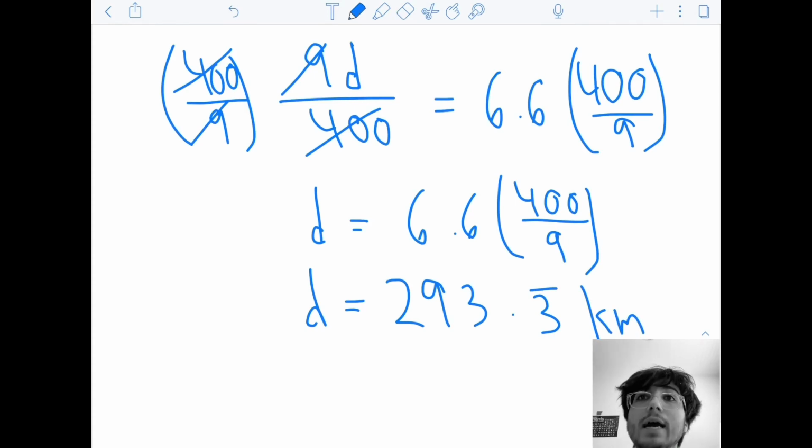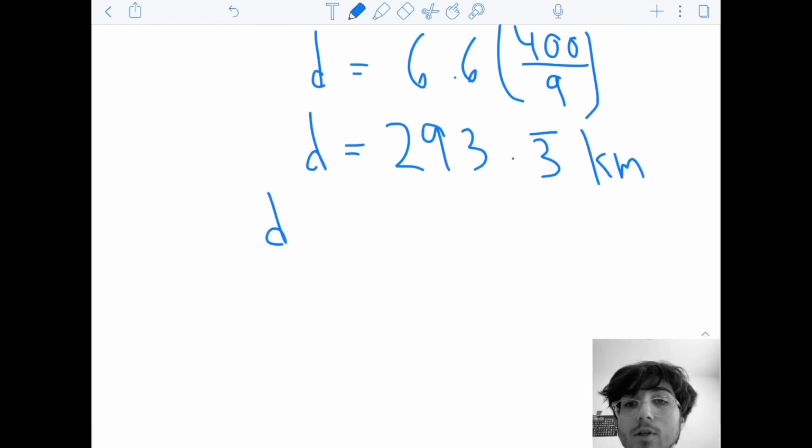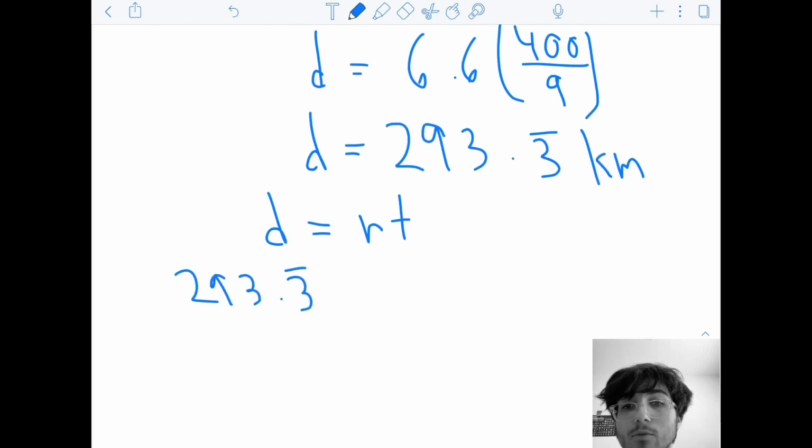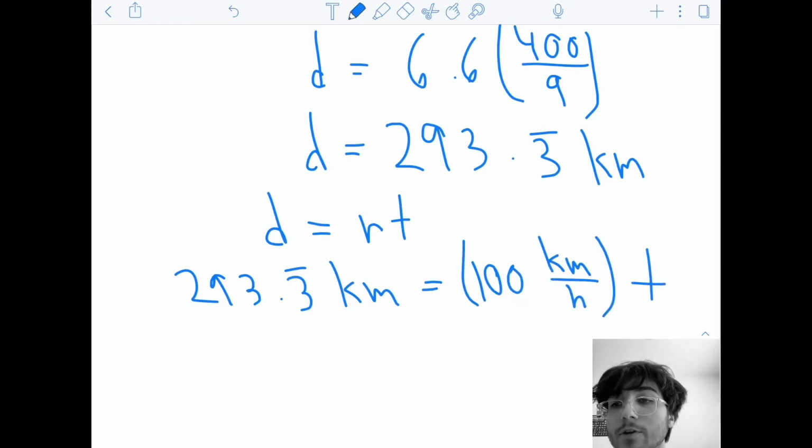But we're not trying to find d. We're trying to find how long each trip takes. So we have to plug it back into the distance formula. So we know that the distance it took to deliver was 293.3 repeating kilometers, and the rate was 100 kilometers per hour, and we want to figure out the time.